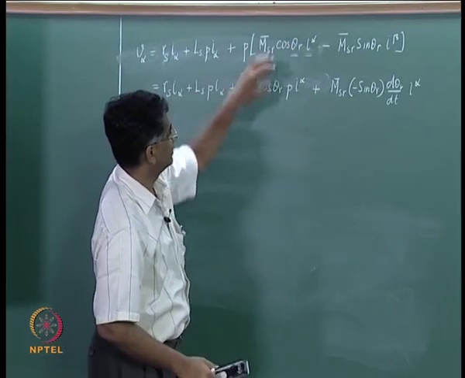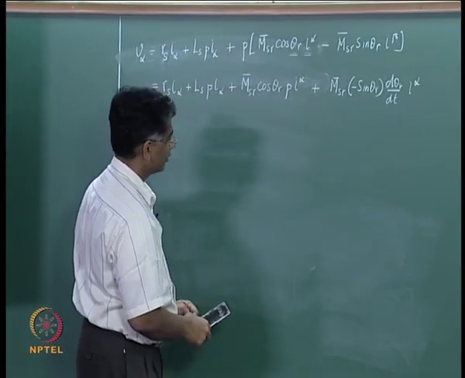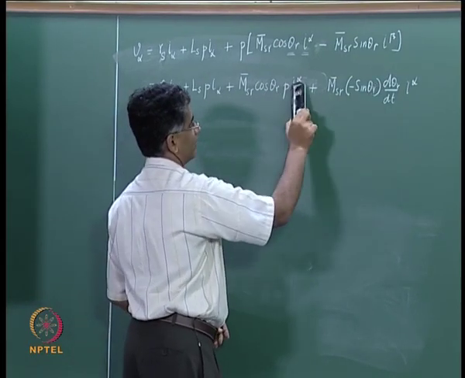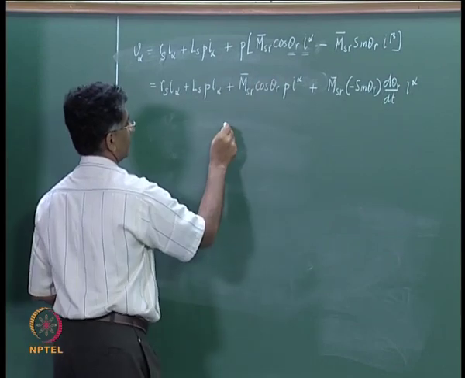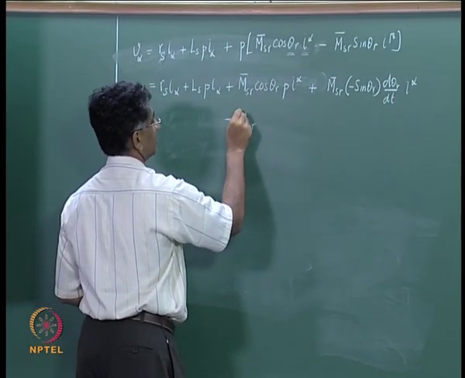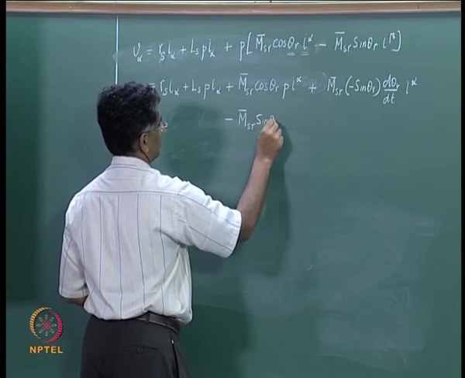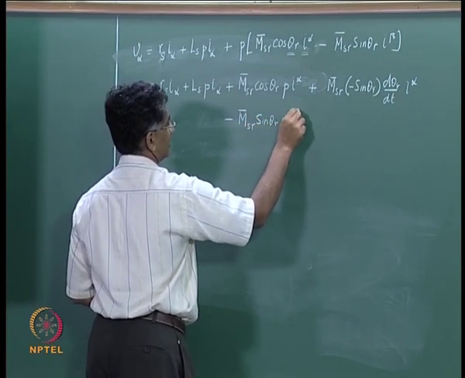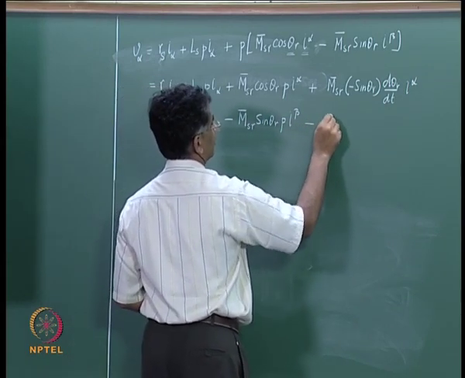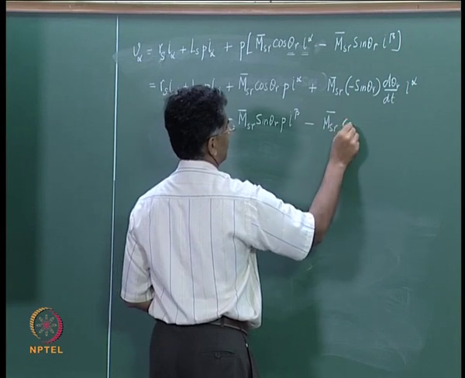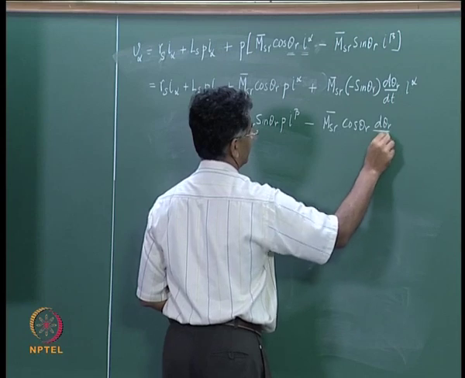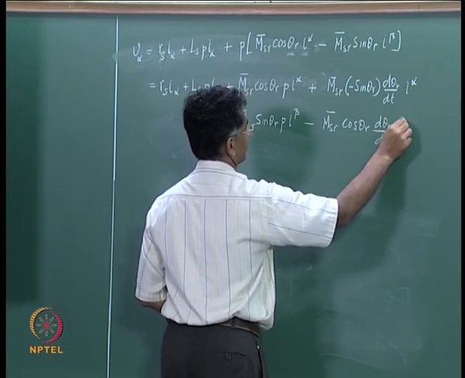So, this term is expanded into these two because theta r is a function of time and I alpha is a function of time. And then coming to the second term, you have minus MSR sin theta r P I beta, and then minus MSR cos theta r d theta r by dt into I beta.